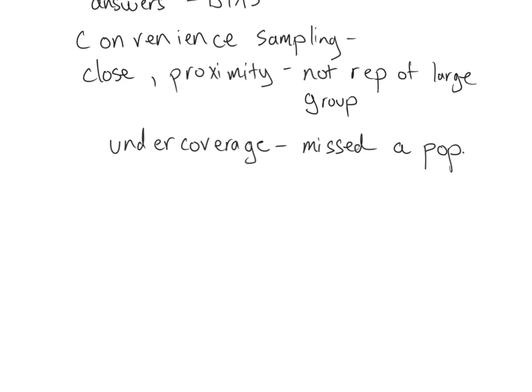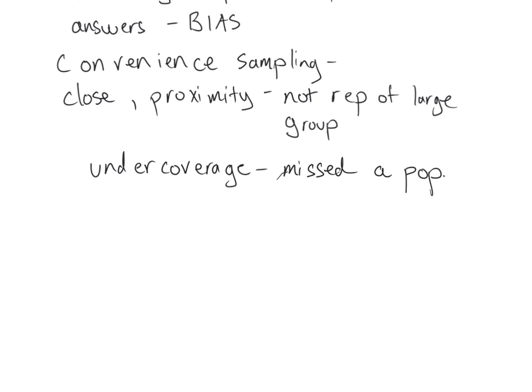So if you're trying to get the point of view of everybody in this nation, that means you mix white, black, Asian, Native American, and if you are only doing proximity, you might get undercoverage. Or if you do clusters, you might have undercoverage if you missed a particular group. That is undercoverage. You missed a population. And this can lead to bias.